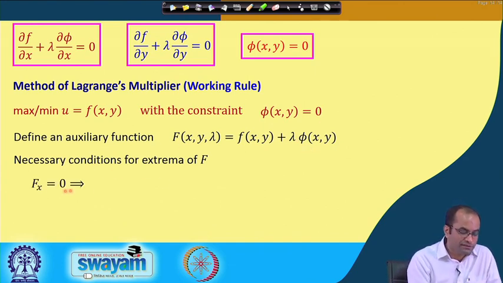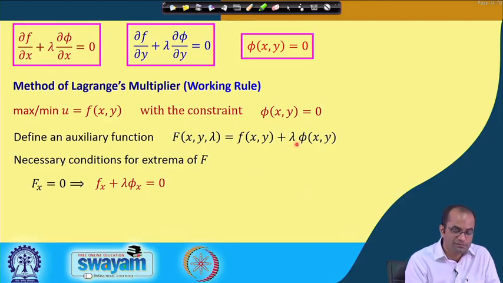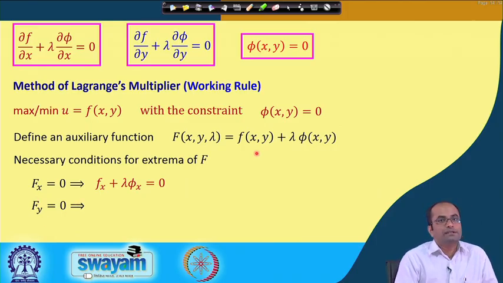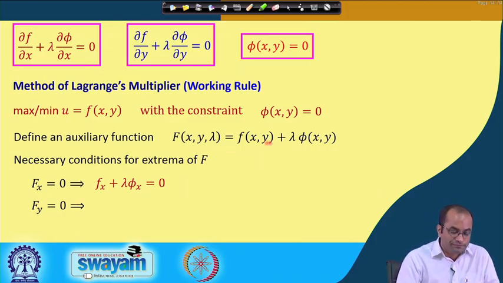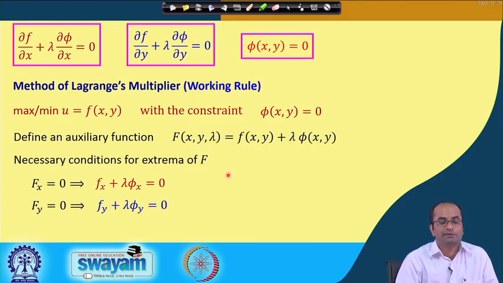That means F x equal to 0 is nothing but f x plus lambda phi x, which was the first equation there. For the partial derivative with respect to y, again f y plus lambda phi y will be 0, which is the second equation listed there, and the third one is the partial derivative of F with respect to lambda, and that will be just phi x y is equal to 0.